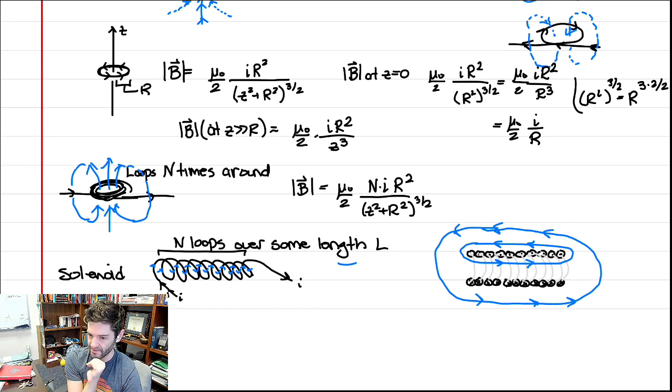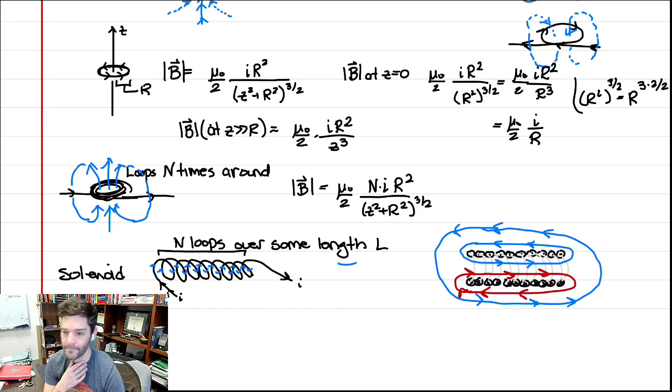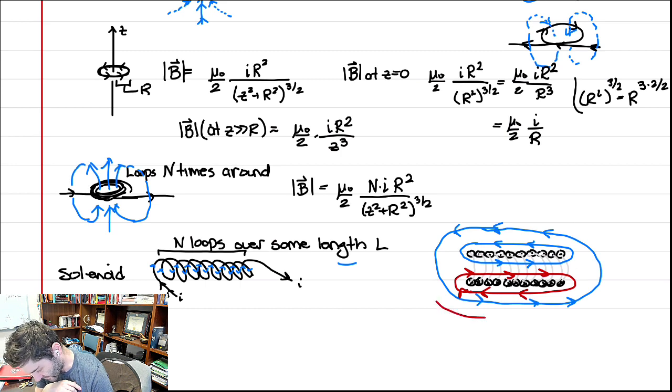So if I stick my thumb into the page, my fingers curl around in the clockwise direction. I'll do it in red. In the clockwise direction, those wires create a magnetic field that looks like that. And then if I draw a little bit bigger circle, we have something that also looks like this on the outside.